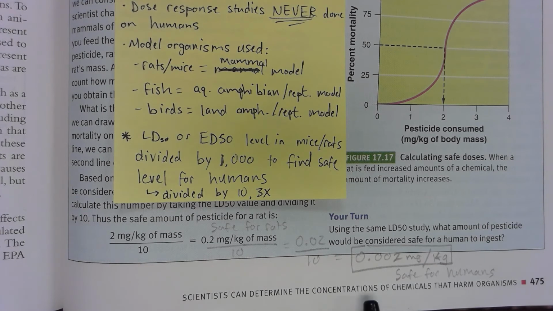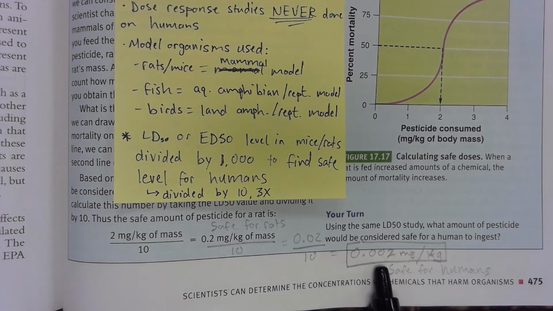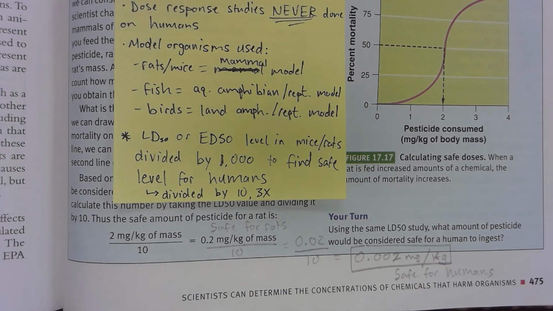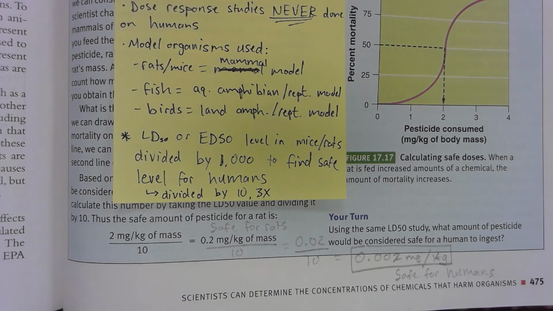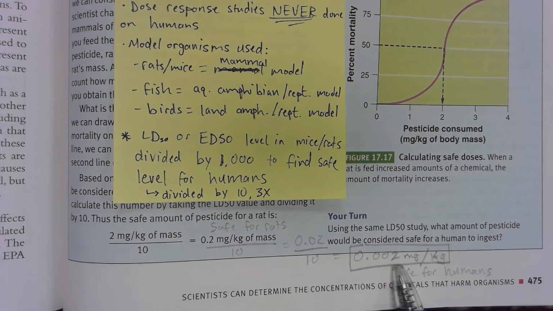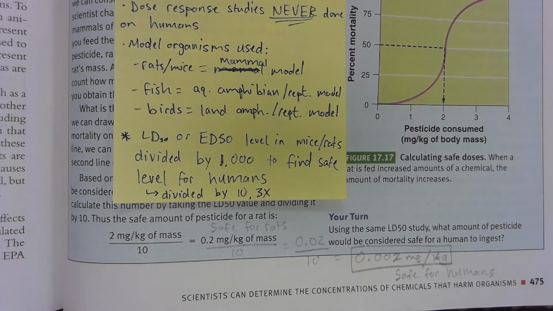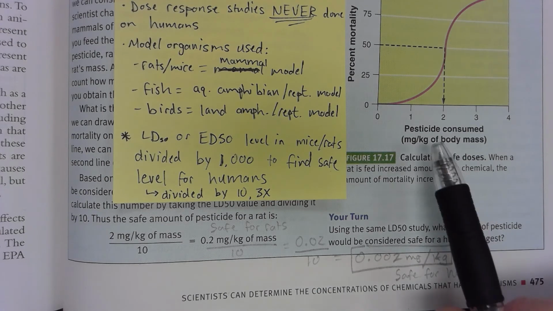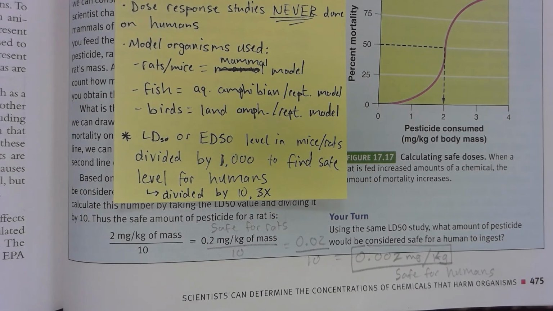And then we basically divide it by 10 one more time to just kind of have what's called an abundance of caution, to be totally safe, to be precautionary, rather be safe than sorry. So ultimately for humans, 0.002 milligrams per kilogram of body mass is what we would consider safe for us to have in our bodies. And so again, this is an example of how we do a dose-response study for a certain pesticide using rats as a model.